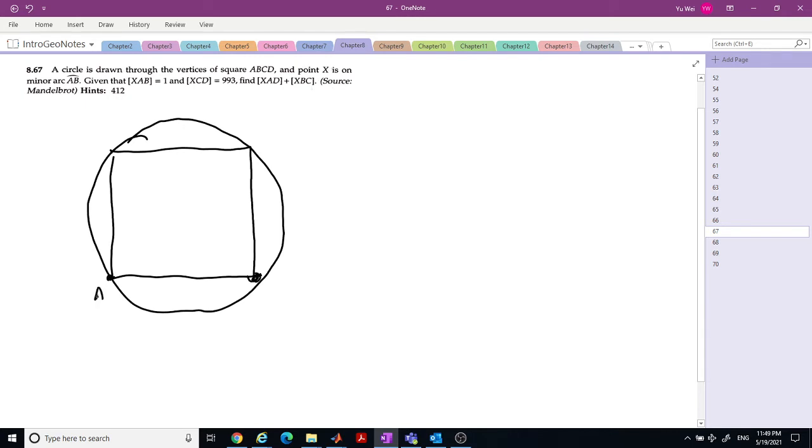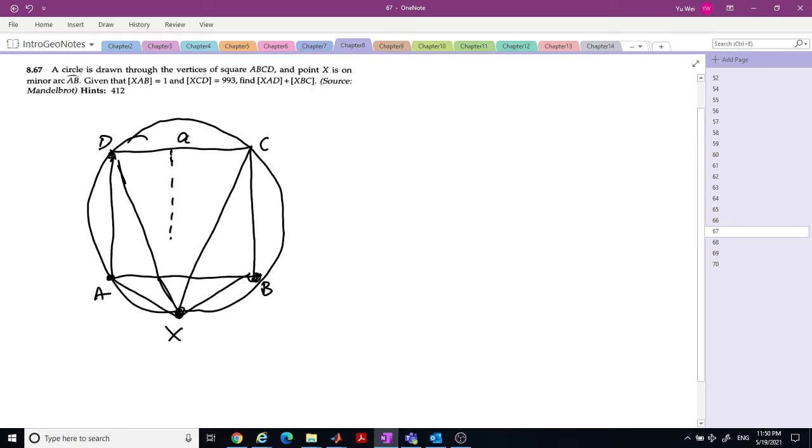So now we have ABCD inscribed in the circle, and the point X is on the minor arc AB. Then we know XAB is equal to 1 and XCD is equal to 93. So what is XAD plus XBC? Let's assume this is A, right?